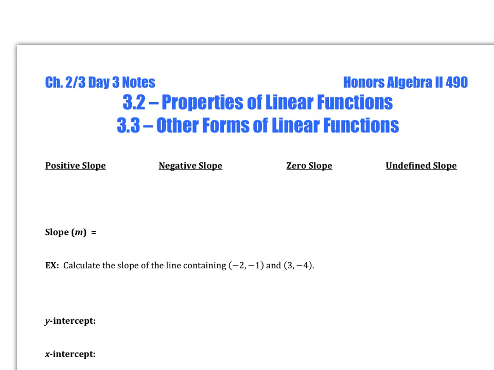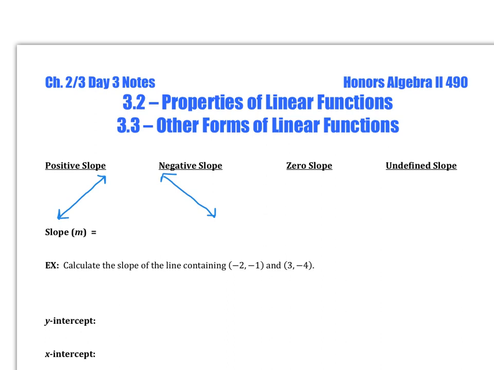Okay, so what does a line with a positive slope look like? Well, hopefully you remember it is going to look something like this, where it rises from left to right. A negative slope is something that is going to start top left and go towards the bottom right. So this is going to be a line with a negative slope.